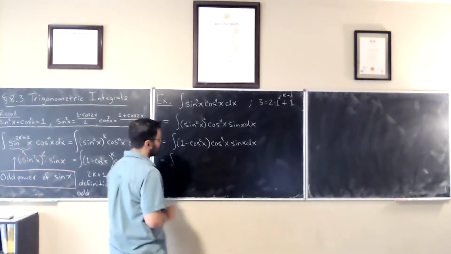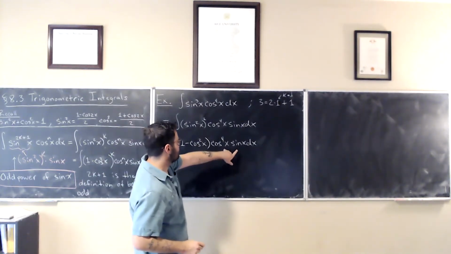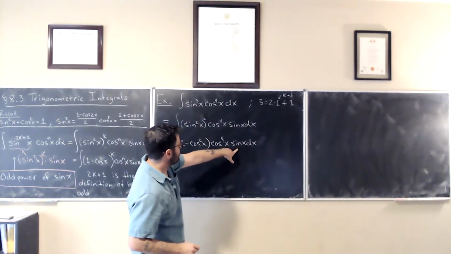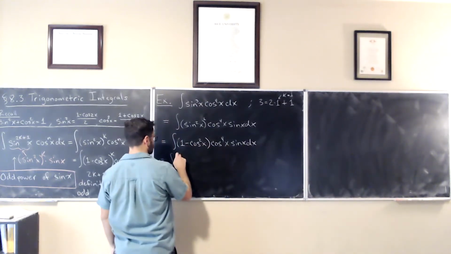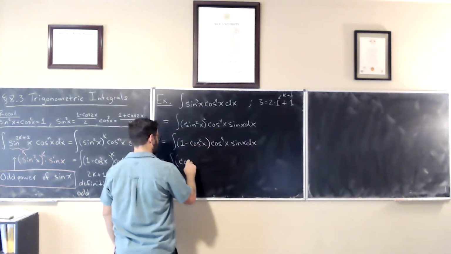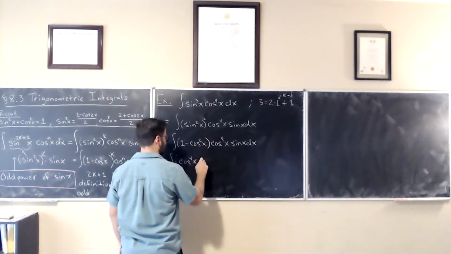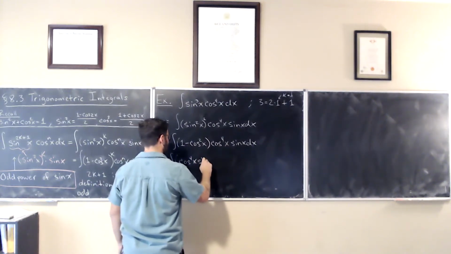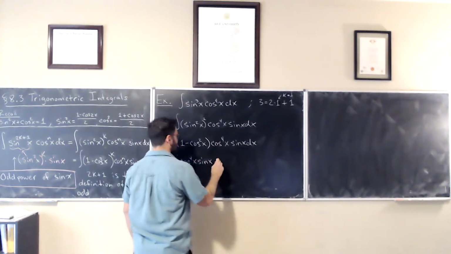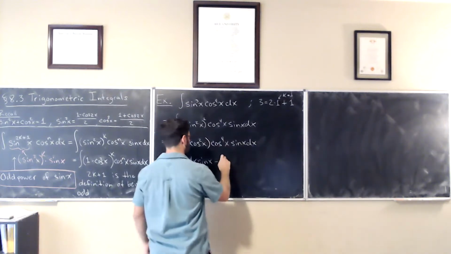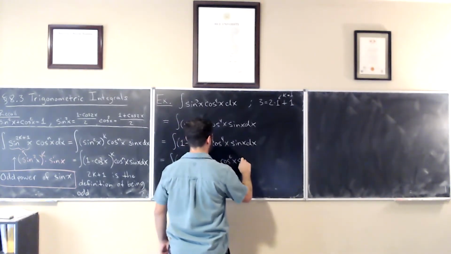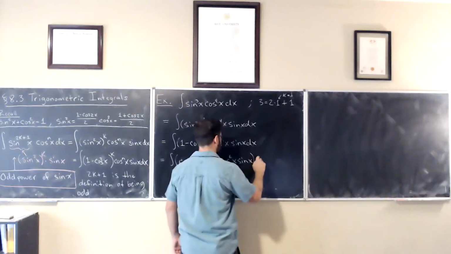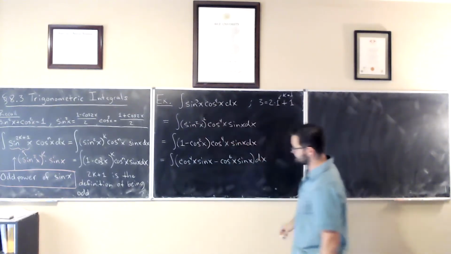Let's multiply cosine to the power 4 sine x inside, and we will get cosine to the power 4 x sine x minus cosine to the power 6 x sine x dx.